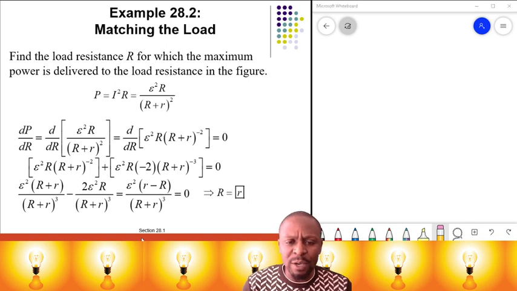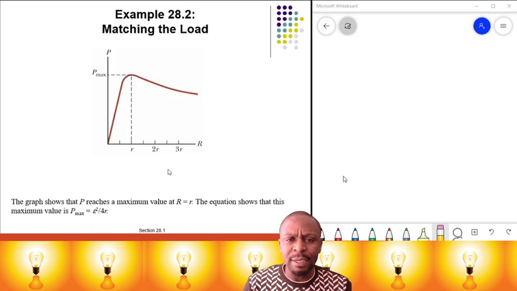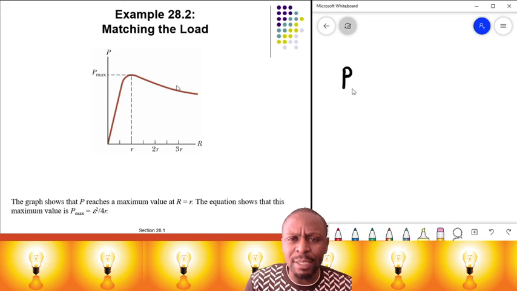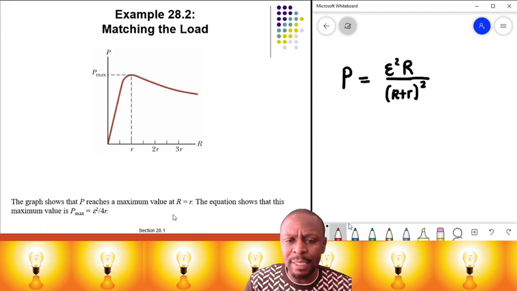Now when you go back to the equation of the load, you can see that the power delivered to the load is given by epsilon squared, the EMF squared, times R divided by (R plus small r) squared. But in this case, we have seen that this R must be the same as big R.